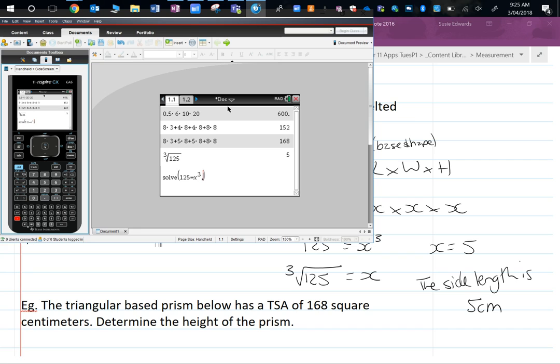Comma x, and then got our answer that way.